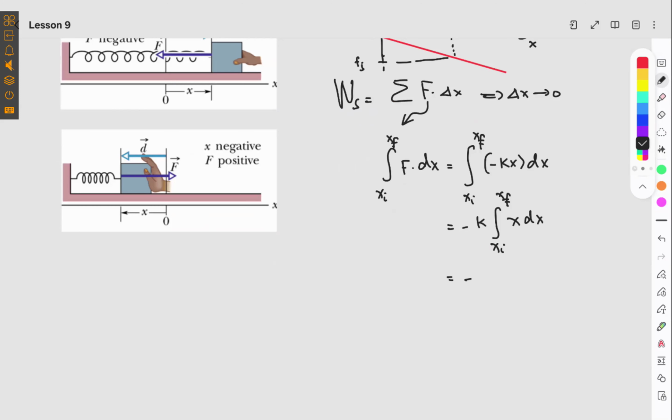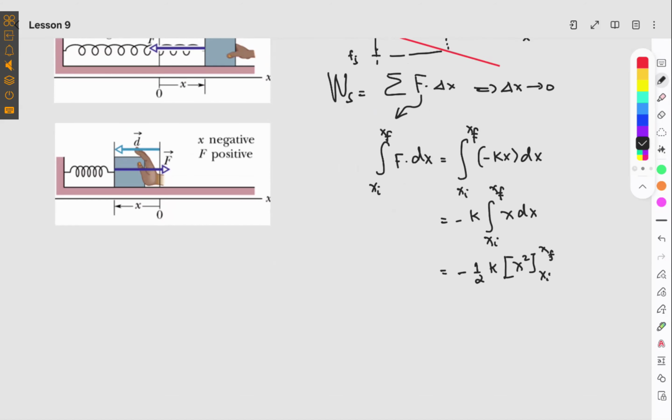So that will be negative 1/2 times k times x final squared minus x initial squared. So this is your W of s.